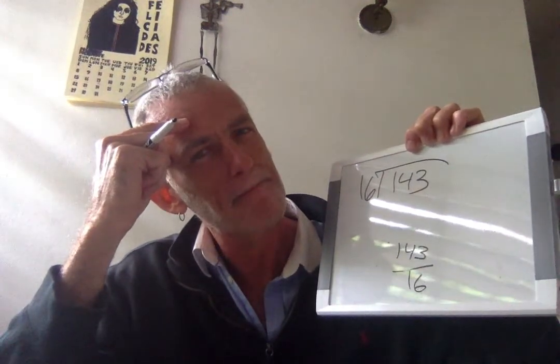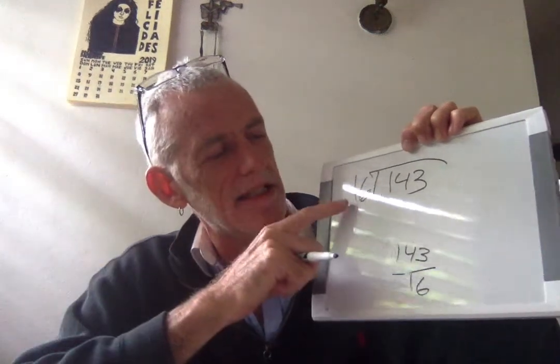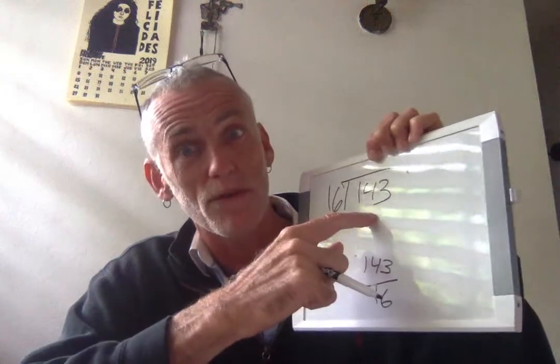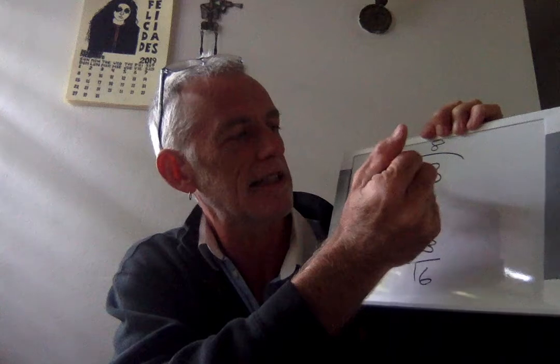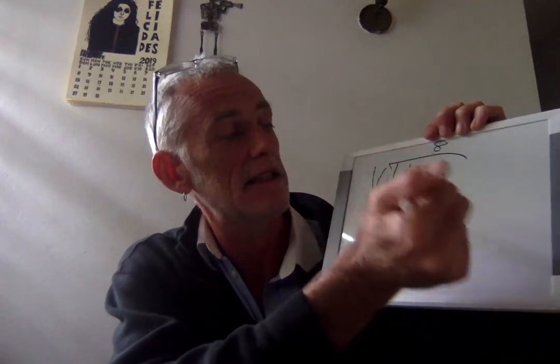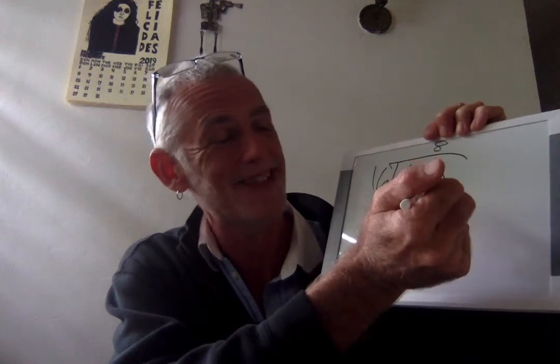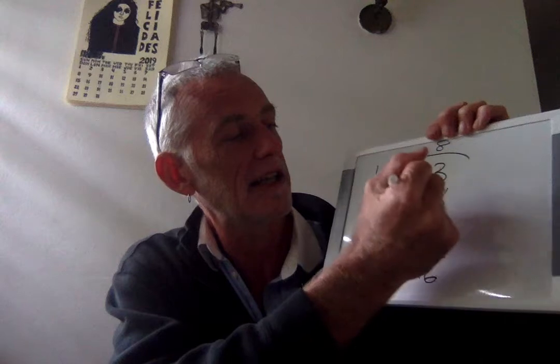I think it's that, because if it's 9, 9 times 16 is 144. Too much. So 8.